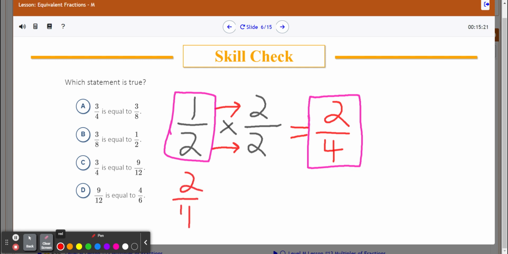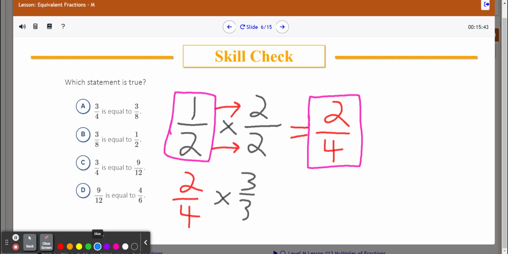I'm going to start with 2 over 4. This time I'm going to multiply by 3 over 3. Again, if the numerator and denominator are the same, it equals 1. I'm just multiplying my fraction by 1, which means I'm getting the same number back. So same thing again.